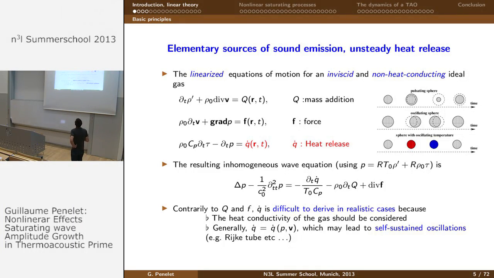The first reason is that because we are interested in unsteady heat transfer, we should account for the thermal conductivity of the fluid. And the second reason is that this unsteady heat transfer source term depends in a complicated way on acoustic variables, and this may lead to self-sustained oscillations.